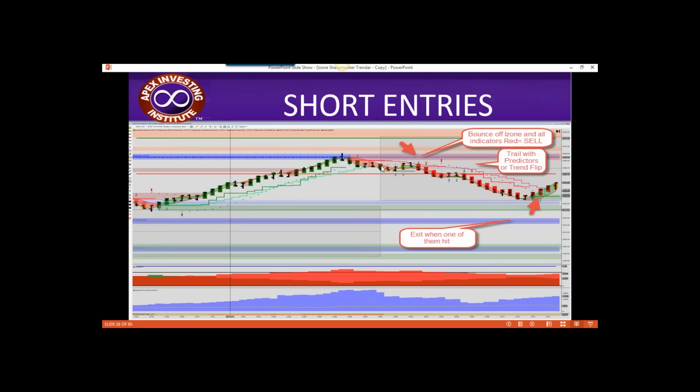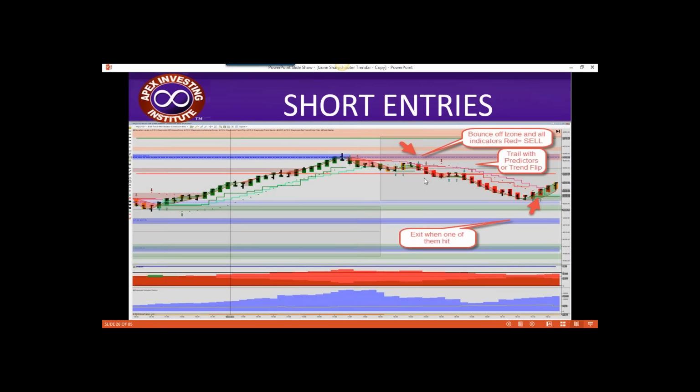And what happens? Market comes down, pops up, boom. What do we get right here? Bouncing off an I zone, we get a cyan arrow from our trend catcher saying, heads up, this may be it. And then on the next bar, what do we get? Solid red trend catcher arrow confirming the sell signal.